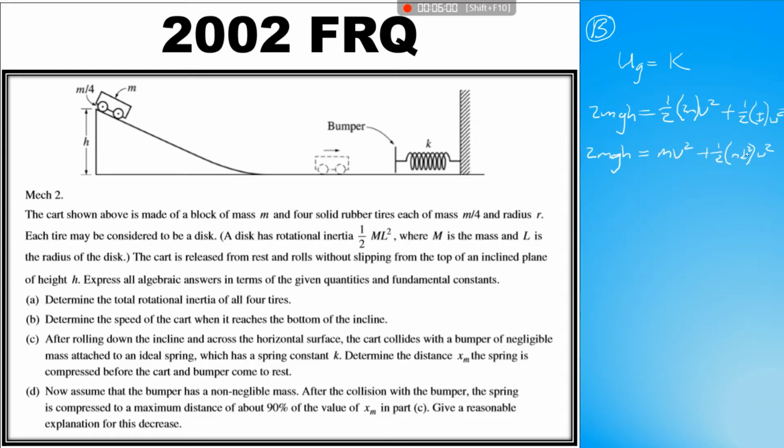That L is R, so I'm going to rewrite 2gh as v squared plus 1/2 m r squared omega squared.